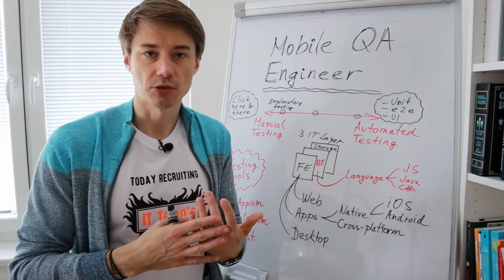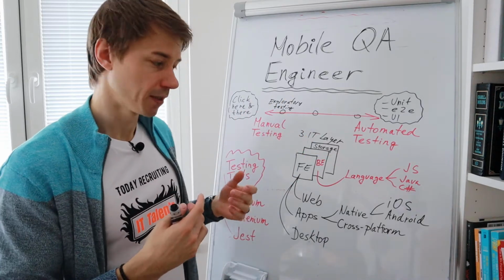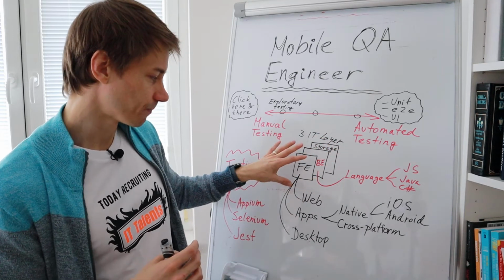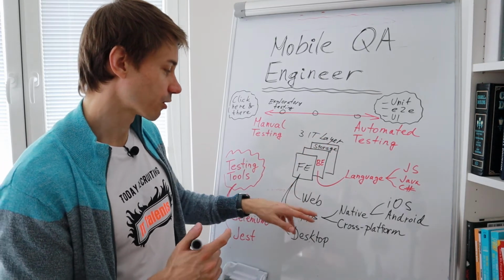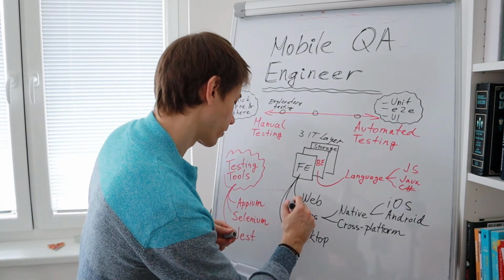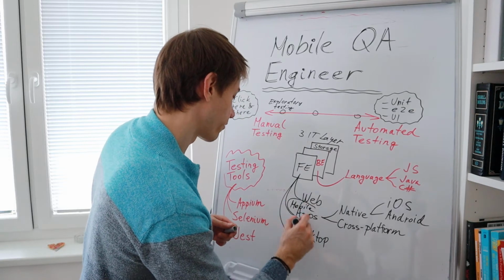That's all considered to be front end, what users can see and interact with, the user-facing aspects of the product. And the applications, for example, could be native or cross-platform. So this is the mobile area, the second area.